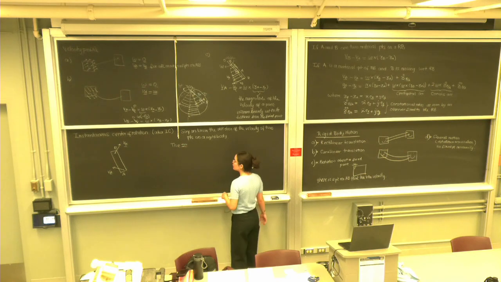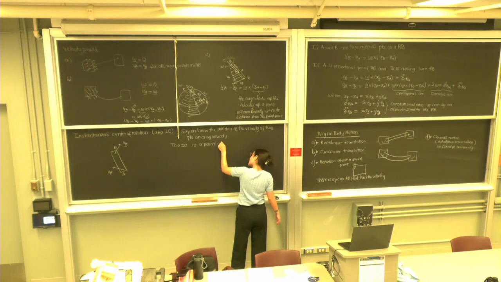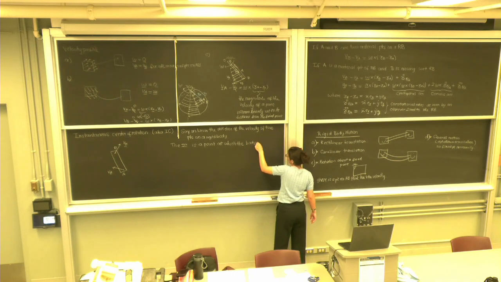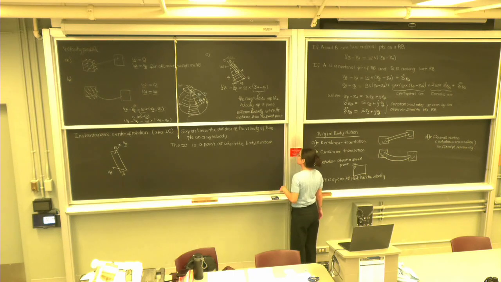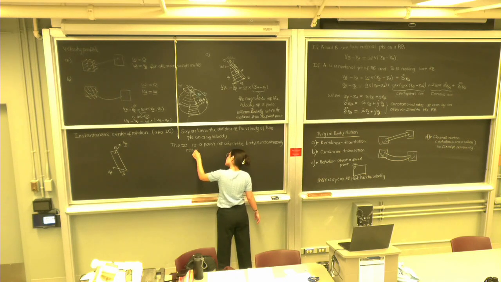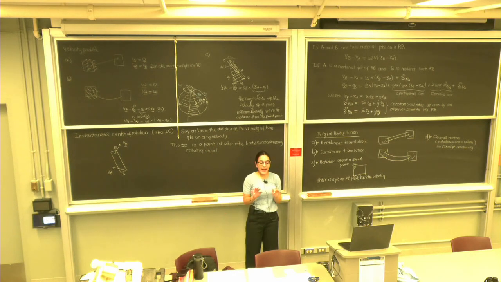Instantaneous center of rotation is a point at which the body is instantaneously rotating, meaning that at the particular instant you're looking at, the IC has the same properties as a fixed point.